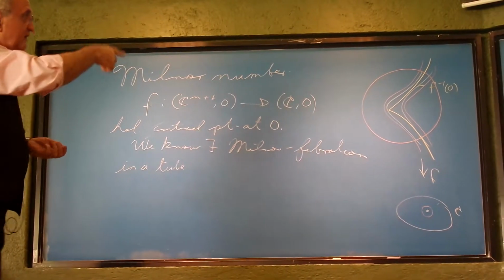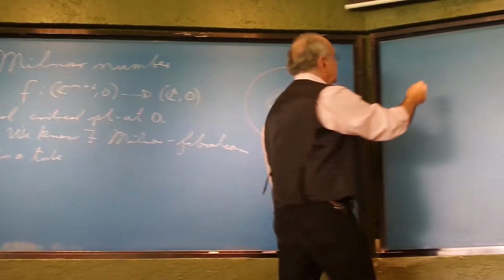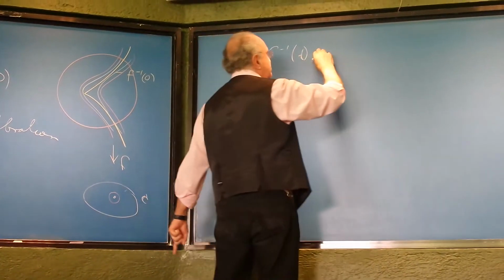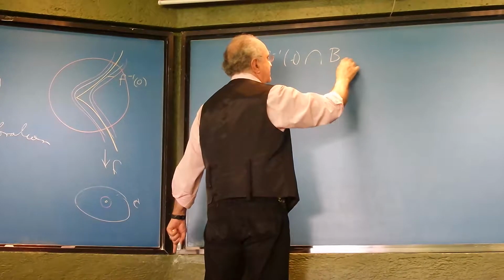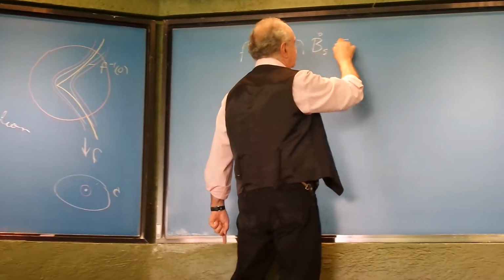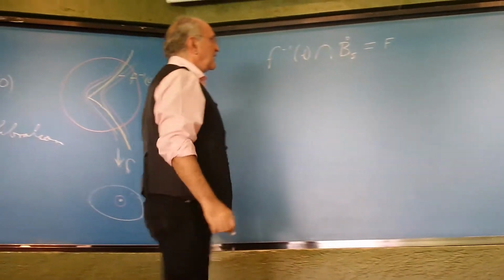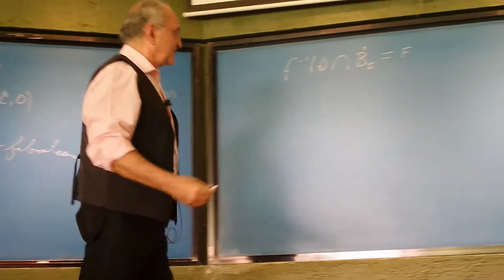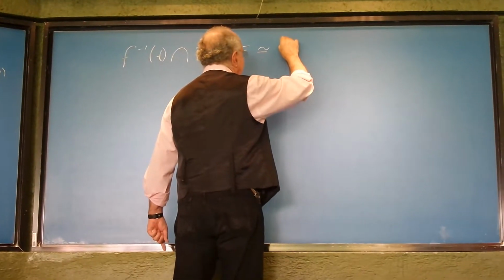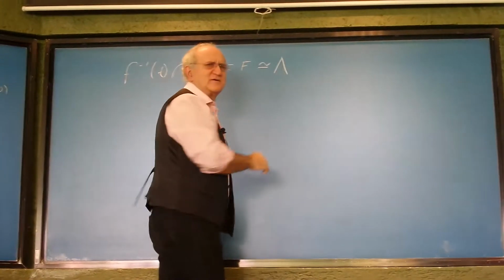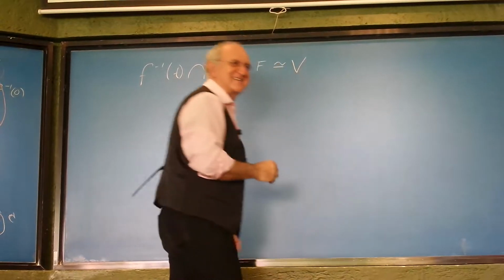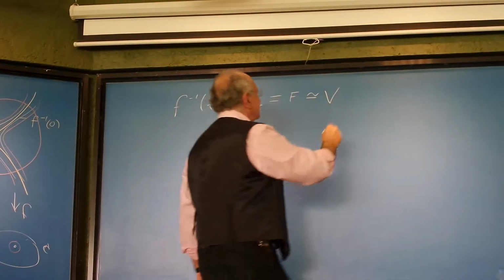One of those fibers, the typical fiber, is f minus 1 of t, with t sufficiently close to 0, intersected with the open ball. This is the typical fiber. And the theorem, by Milnor, says that this has the homotopy type of a bouquet of spheres.